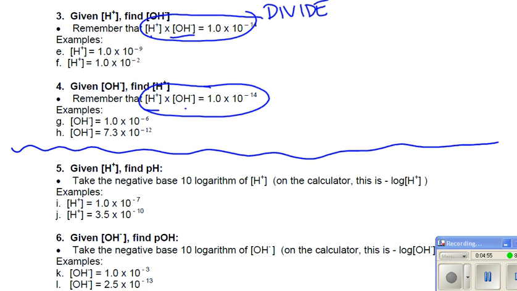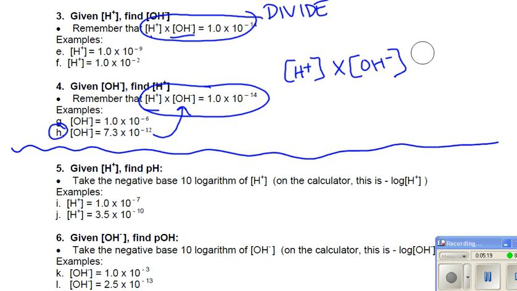Again, you'll simply plug in what you know and solve for your unknown. So let's do H. I know the hydroxide ion concentration, so I'm going to plug it in. Your formula should now be the hydrogen ion concentration times the hydroxide ion concentration, so you're plugging the number in for the hydroxide ion concentration.